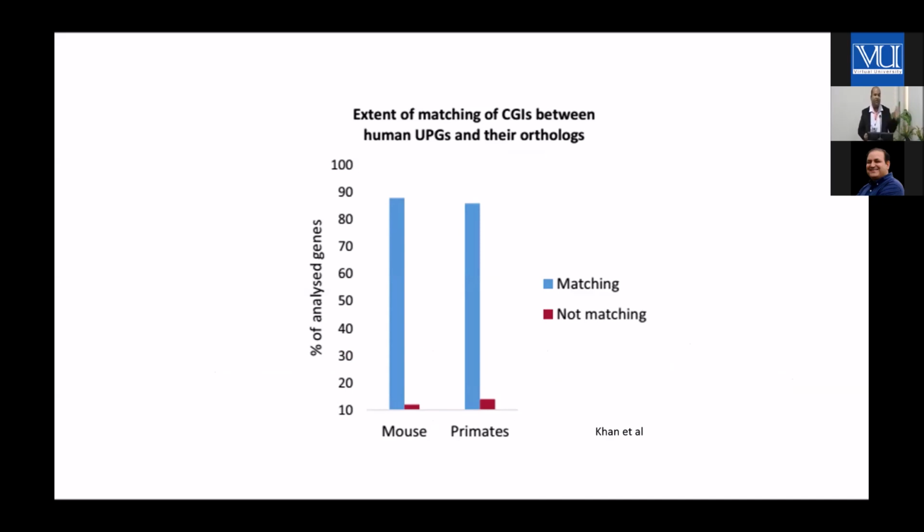So it can never be a consequential event. It has to be a causal event, because the genes which are present in mice also lack CGIs, and the genes which are present in me are pseudogenized and also lack CGIs. It means that somehow nature is selecting those genes for the pseudogenization process which lack CGIs.